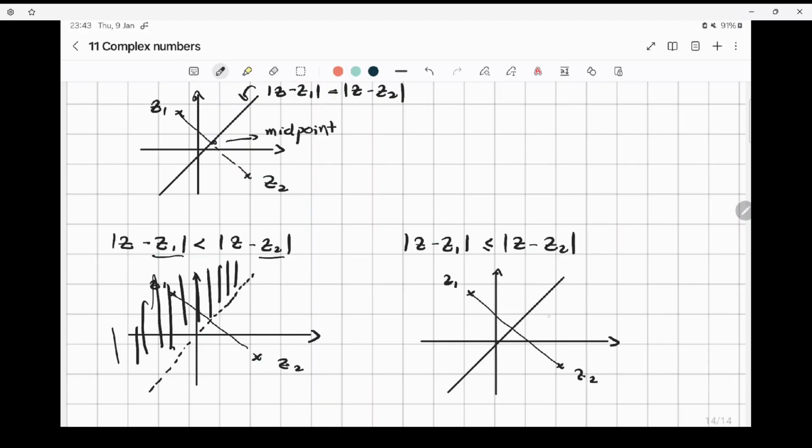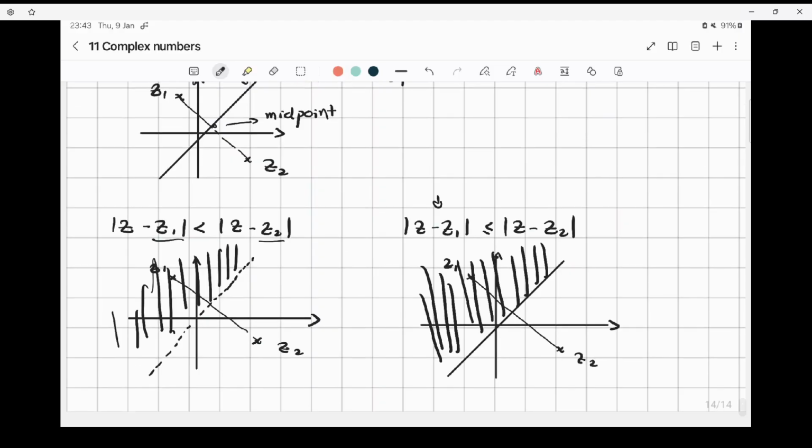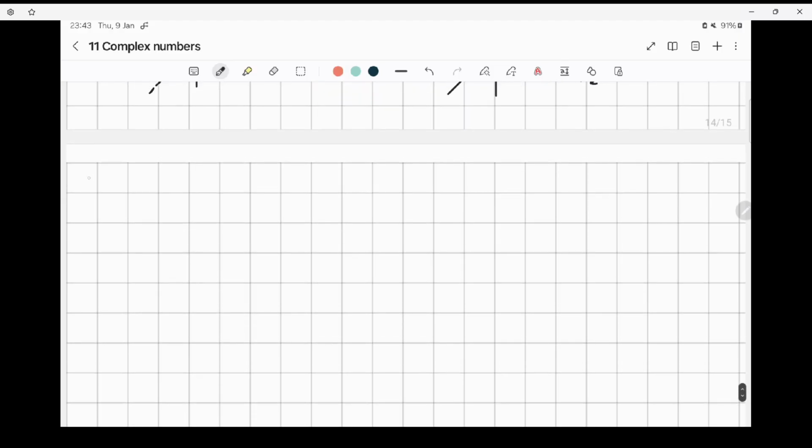Because there's an equal sign, you can draw a solid line, and then you just shade everything here, because the distance from z1 is smaller than the distance from z2. So that's basically it for the last section, which is on locus. So now let's look at some examples.